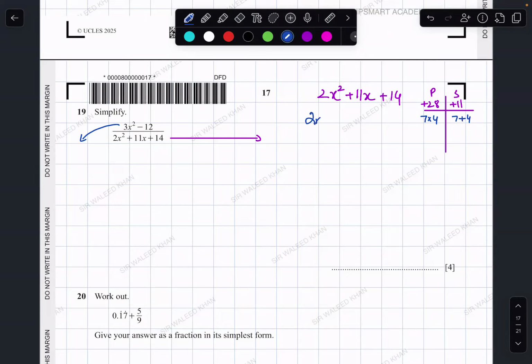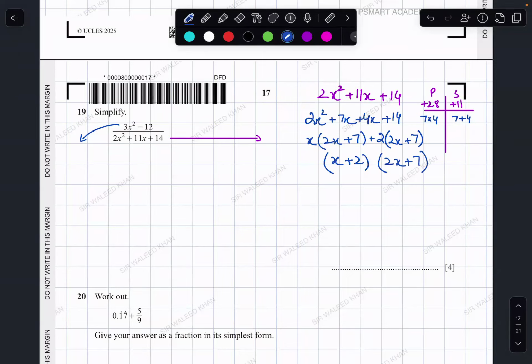So I'm going to split this 11x into 7x plus 4x plus 40. So x is 2x plus 7 plus 4 plus 2 is 2x plus 7. Now we have x plus 2, and the other bracket is 2x plus 7.